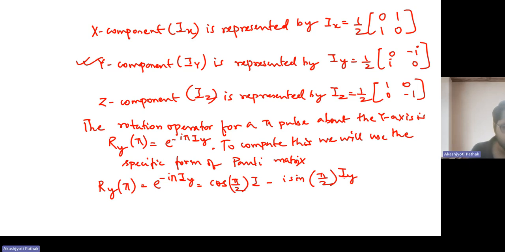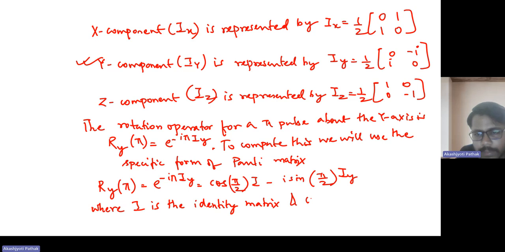Here I is the identity matrix, and as you know, cos pi by 2 is equal to 0 and sin pi by 2 is equal to 1.